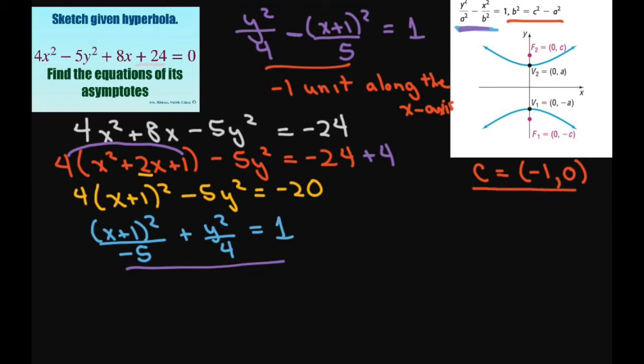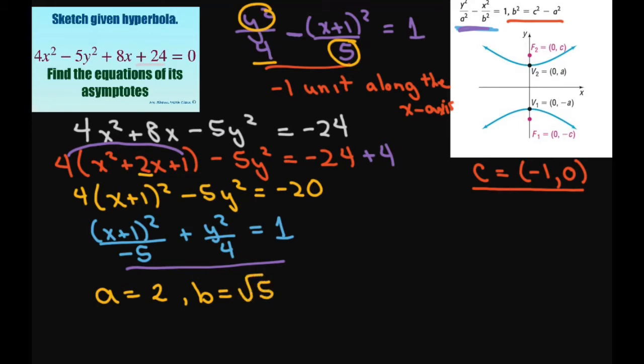So that's your center, and we're going to graph these. Our lead, however, is y. So our foci is going to be on our y-axis. That means our a equals, and you just take the square root of 4. So that's going to be 2. And your b is going to equal square root of what's under the x. So that's going to be square root of 5.